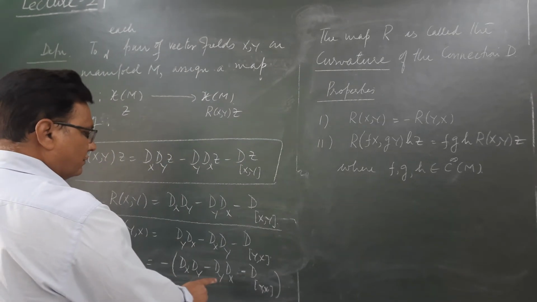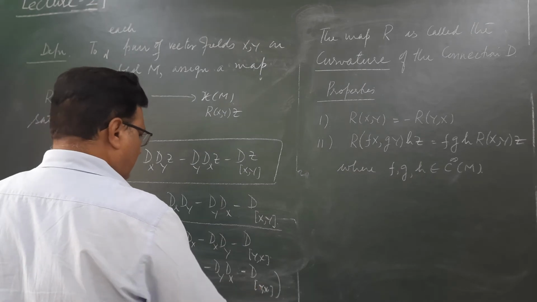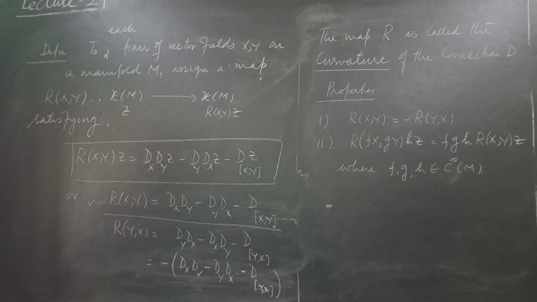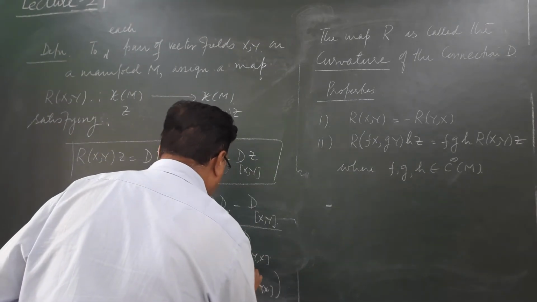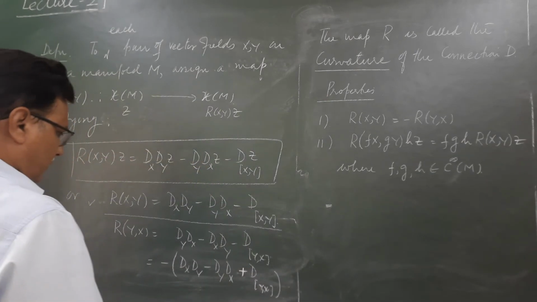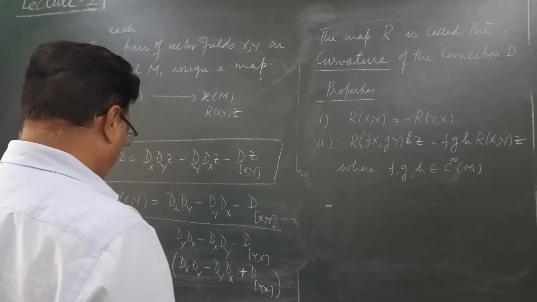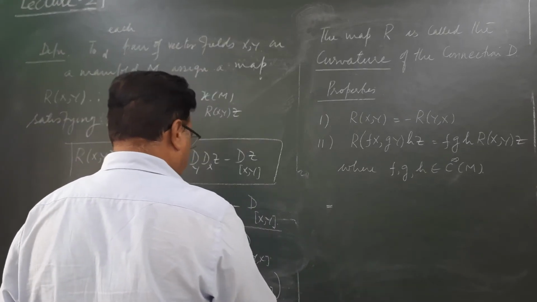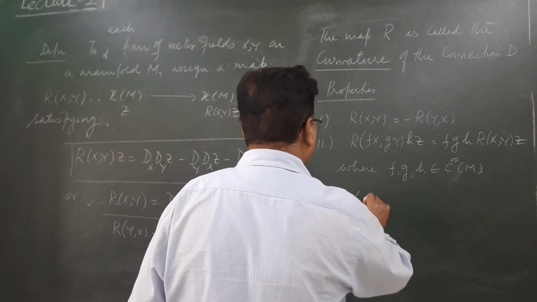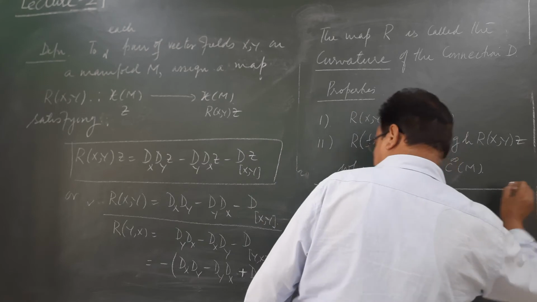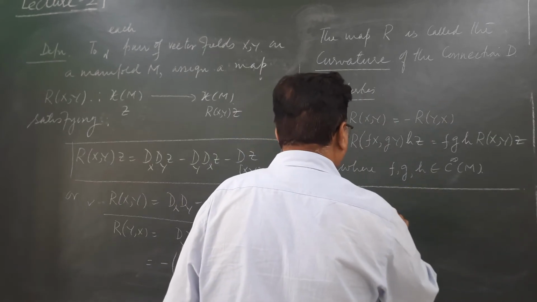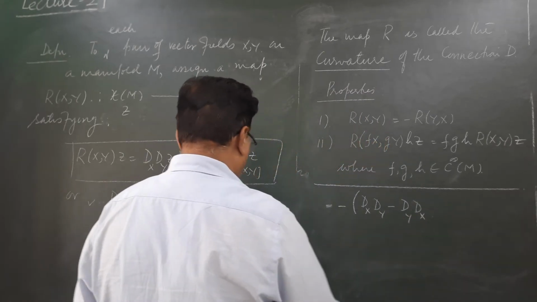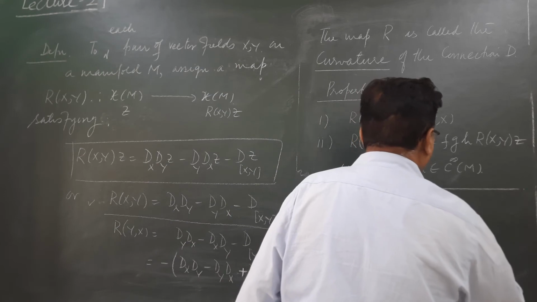Now this, I make it plus. So this is equal to R of yx. Taking minus outside, this becomes plus. What I am going to say is that this is equal to, if I write xy it becomes minus, so it is equal to minus times dx dy minus dy dx, and now I can rewrite it as minus times d of Lie bracket xy.